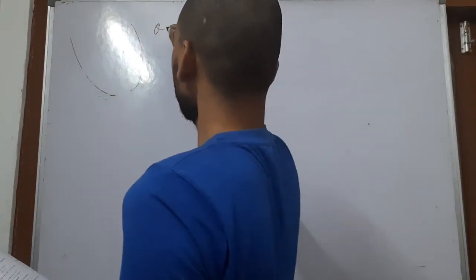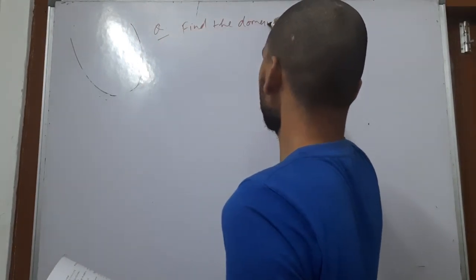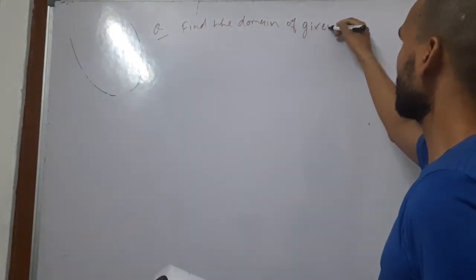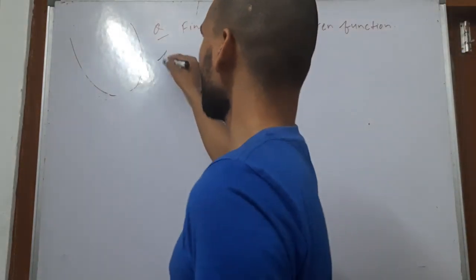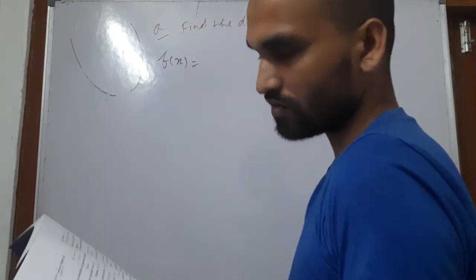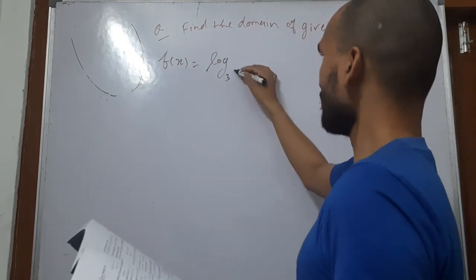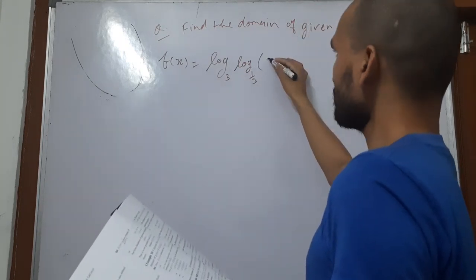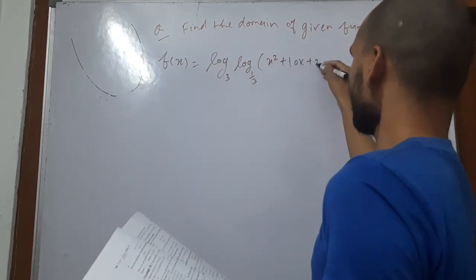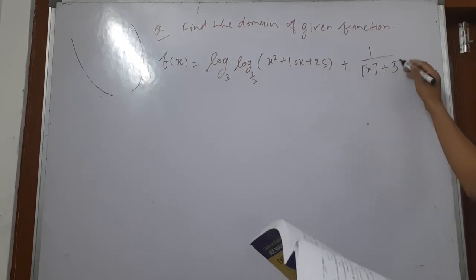Okay, students. Now my another question is: find the domain of a given function, that is f(x) is equal to log at base 3 of another log at base 1/3, whose value is x square plus 10x plus 25, plus 1 by greatest integer x plus 5.